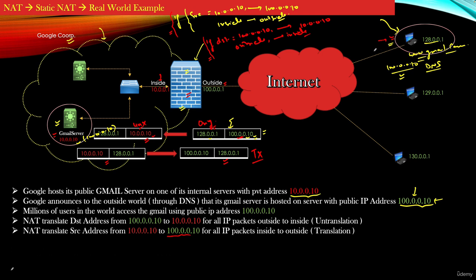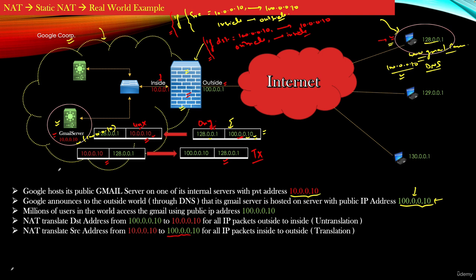So in this entire cycle, you can see how the external user is actually fooled. He was accessing a machine which is on 100.0.0.10, but actually he ends up accessing the machine which is on 10.0.0.10 because of network address translation. So this is the entire picture regarding how static NAT works.